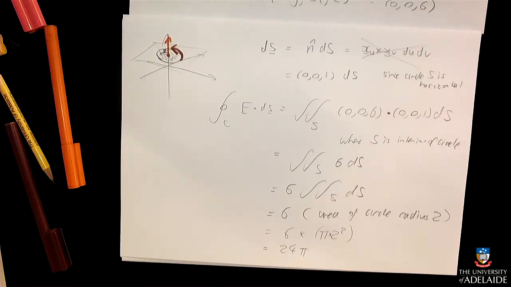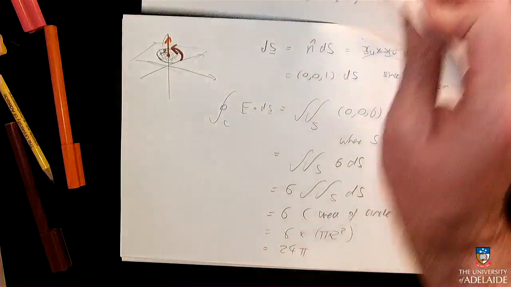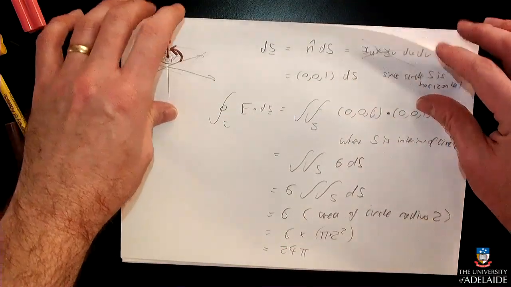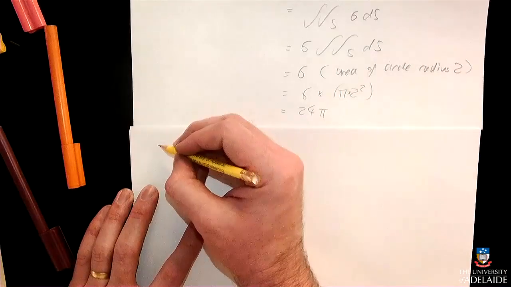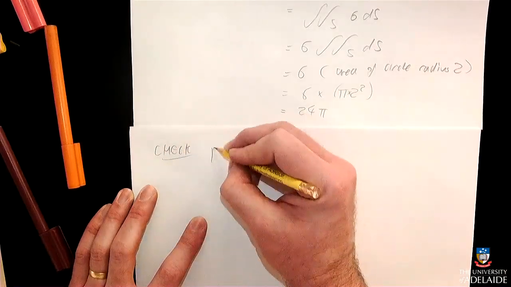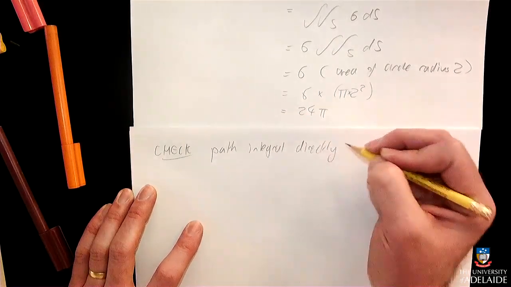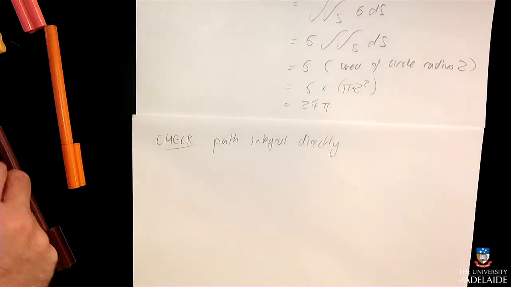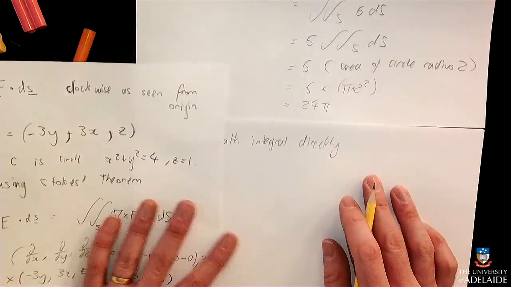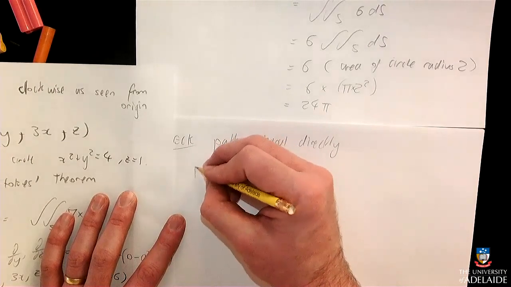All right. So just to make sure we're doing this right, I just want to do this path integral directly, just in case. Now, if I was in an exam, I totally would not, because there's not enough time, but I just want to check. So that path integral directly, we're going to need a parameterization of the path.